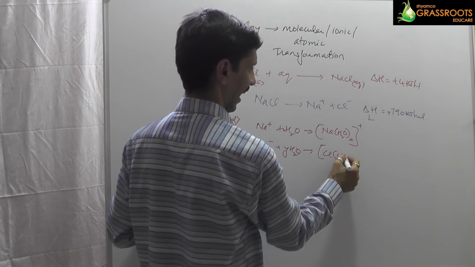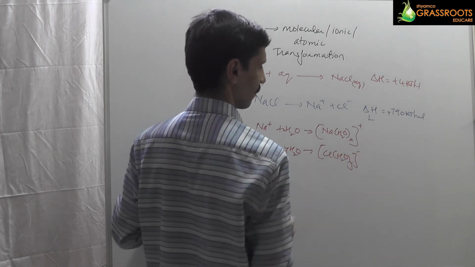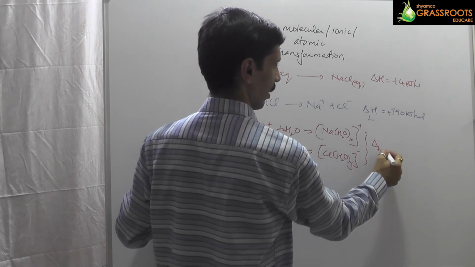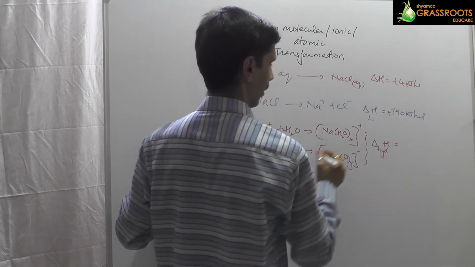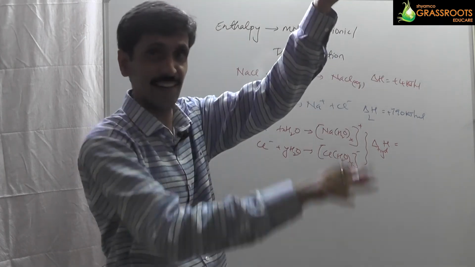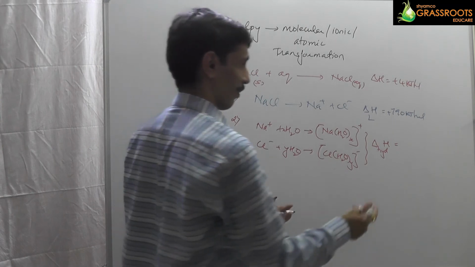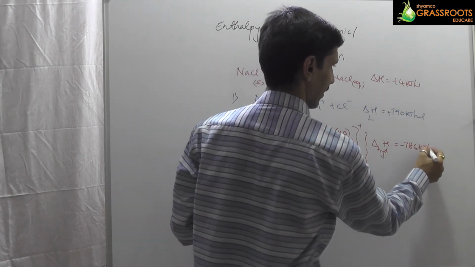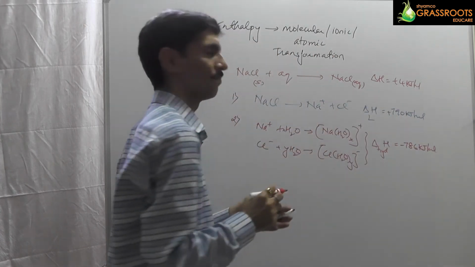So I get Cl(H2O)y minus. So this is enthalpy of hydration. Bond form हुआ है, stability is achieved, energy goes down, so it has to be what? Negative. और उसका वैल्यू है 786 kilojoules per mole.